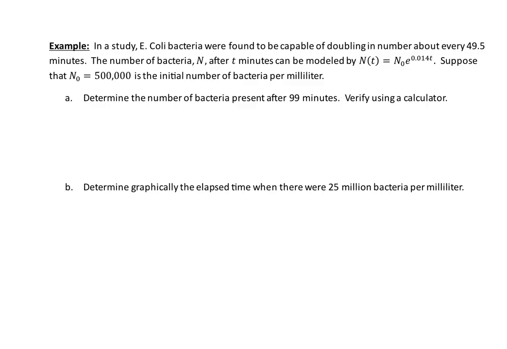So let's go ahead and see what we can do here. The first thing that we're going to do is, notice here it does say verify using a calculator. What that means is we are going to start with our 500,000.